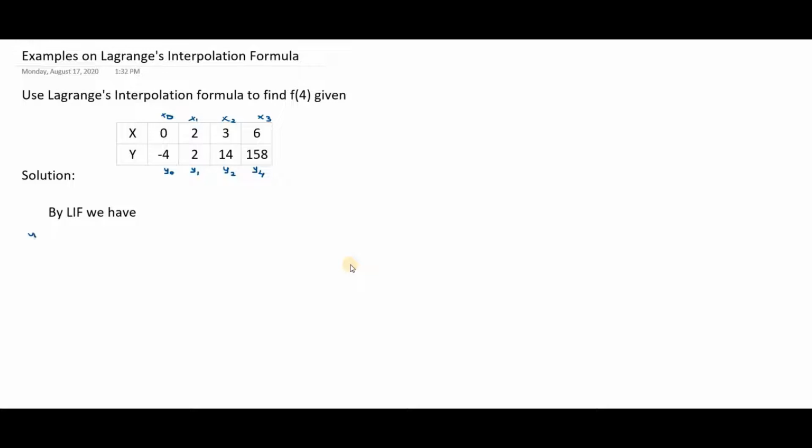So formula is y is equal to f of x, and formula is x minus x1 into x minus x2 into x minus x3 divided by, in numerator I have not written x0, so denominator starts with x0 only, the term which is absent in numerator, so that is x0 minus x1, next x0 minus x2 and x0 minus x3.